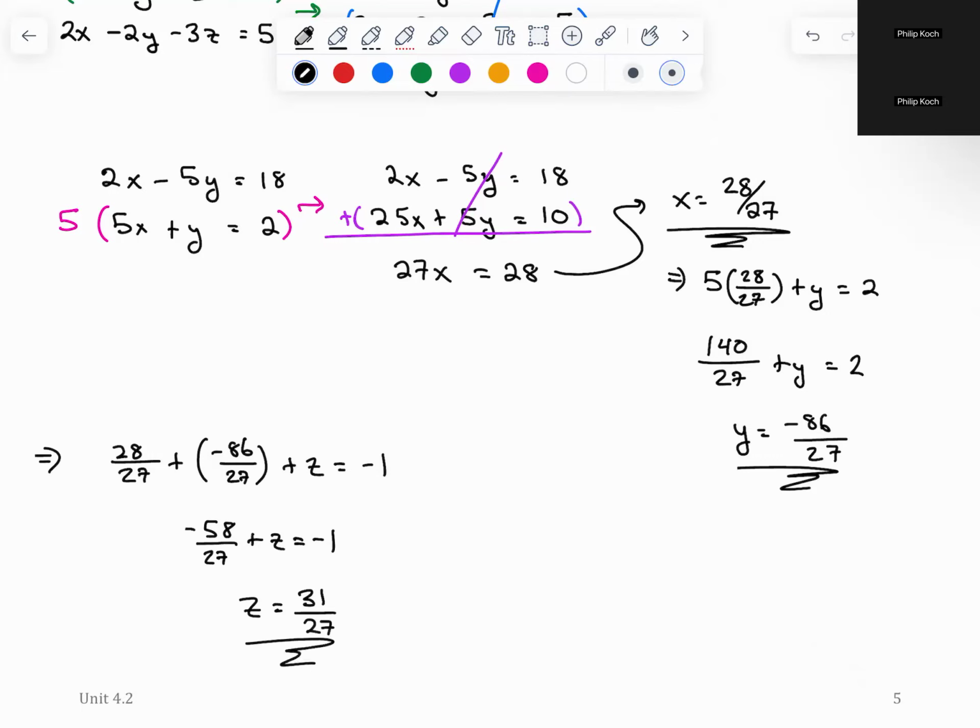Definitely use a calculator. Don't burn your corneas trying to deal with these fractions. They're not fun. So we're allowed a calculator, definitely use it to your advantage. So our answer is an ordered triple, x, y, z, and it's equal to x is 28/27, y is negative 86/27, and z is 31/27.